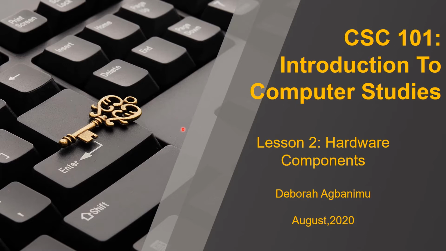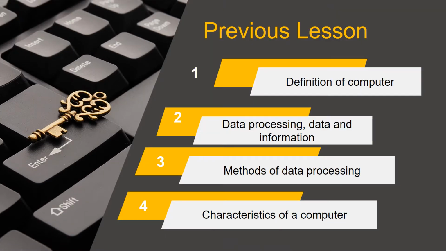Okay, so welcome back to class, and like I earlier mentioned, today we'll be treating the hardware components. In our previous lesson, we learned about the computer system, an electronic machine that is used for performing calculations and controlling operations that can be expressed either in logical or numerical terms.